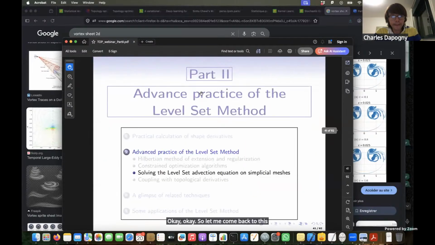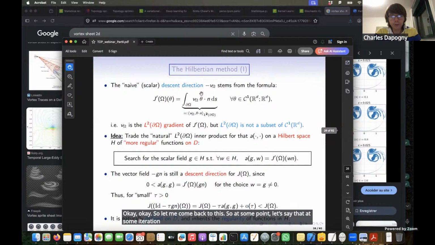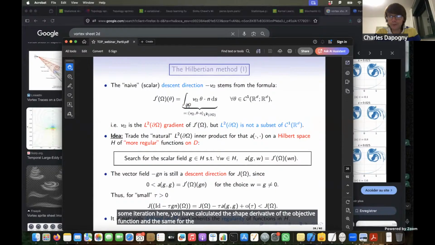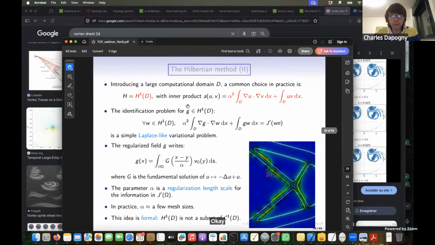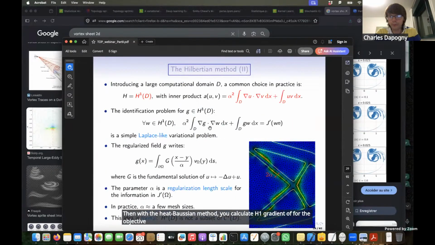At some iteration here, you have calculated the shape derivative of the objective function and the same for the constraint functions. Then with the Hilbertian method, you calculate the H1 gradient for the objective function and also for the constraint functions.